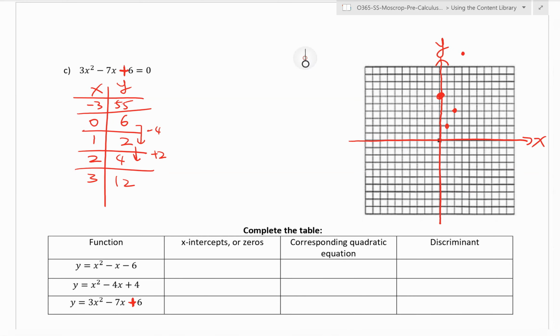Looks something like that, right? Yeah, we don't have any x-intercept, right? We just don't have any x-intercept.